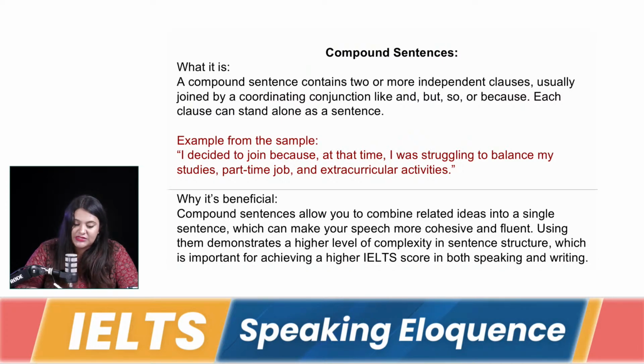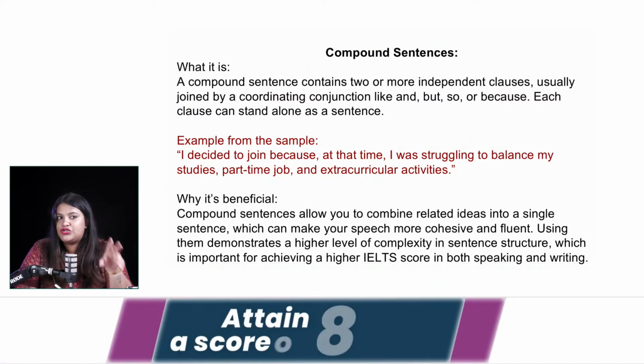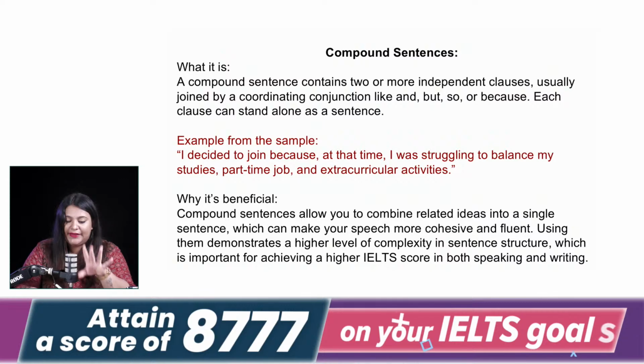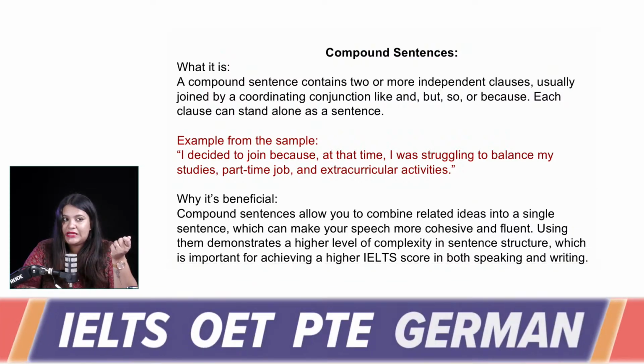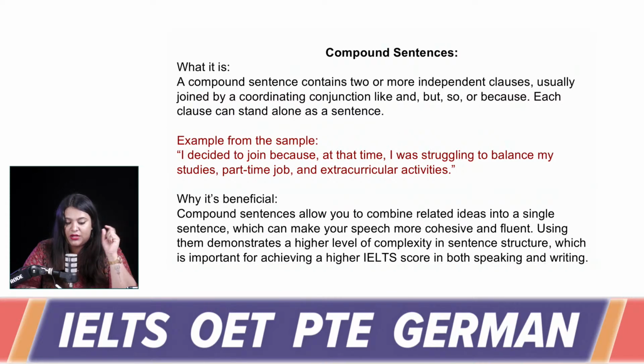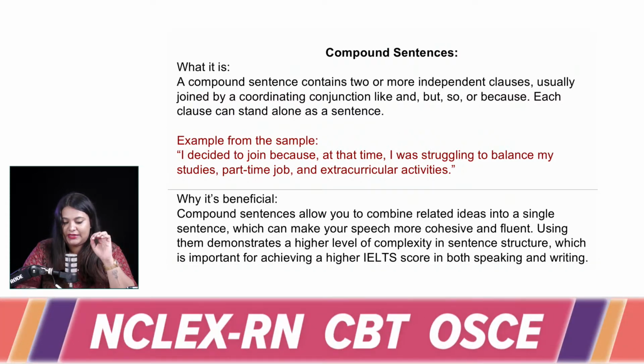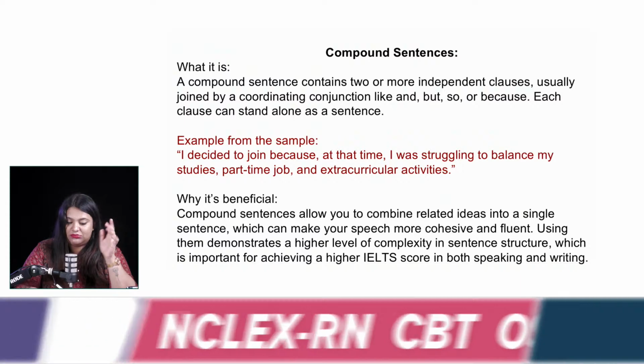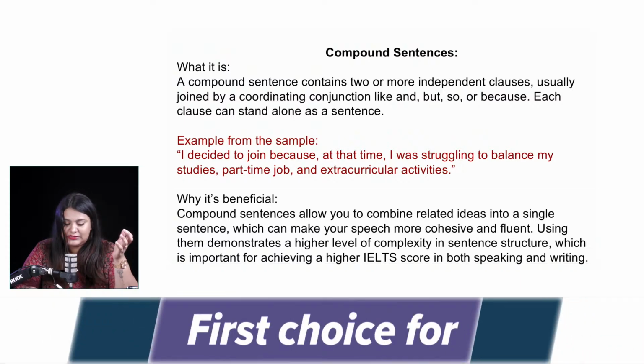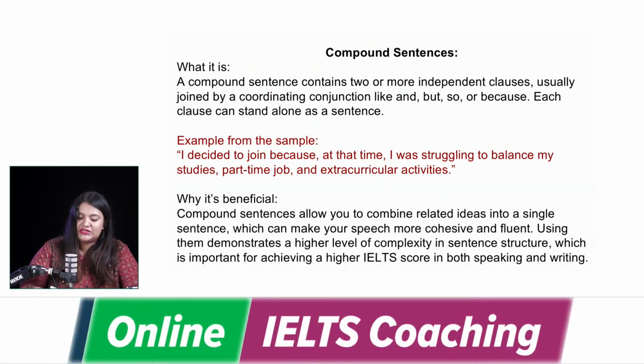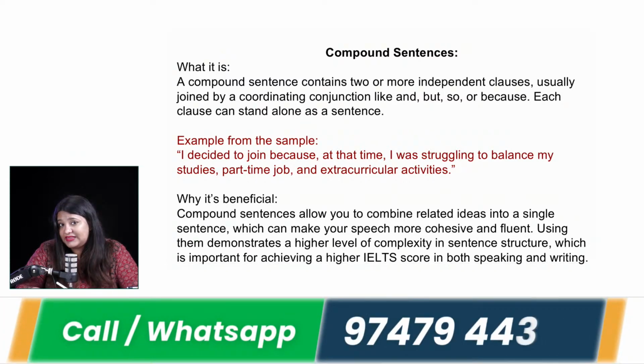A compound sentence contains two or more independent clauses, which means they can stand alone. Usually they are joined by a coordinating conjunction like and, but, so, because, etc. Each clause can stand alone as a sentence. It is easier for you to remember it like that.